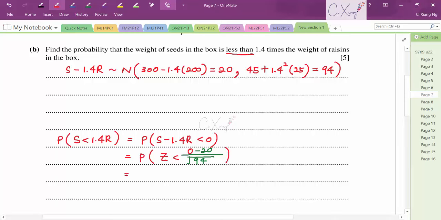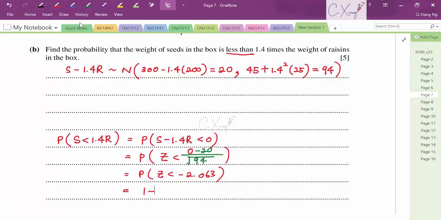Okay, so after I standardize it, I will get the Z value, which is smaller than negative 2.063. So to get the probability for Z smaller than negative 2.063, I have to take 1 minus the probability of Z smaller than 2.063.